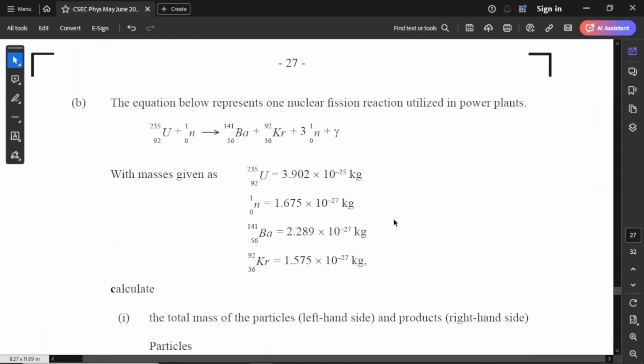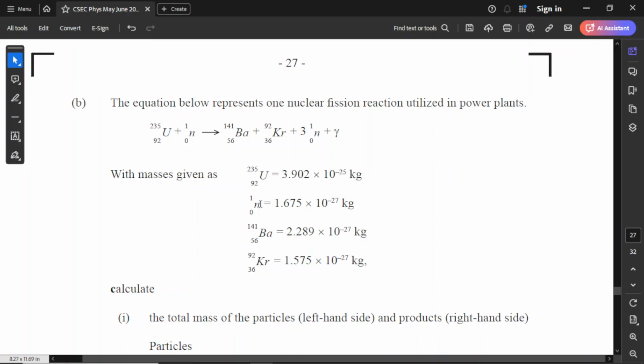The equation below represents one nuclear fission reaction utilized in power plants. Here we have our uranium, our barium, and so on. It says with masses given, so we have masses here. The mass of U is 3.902 times 10 to the minus 25.